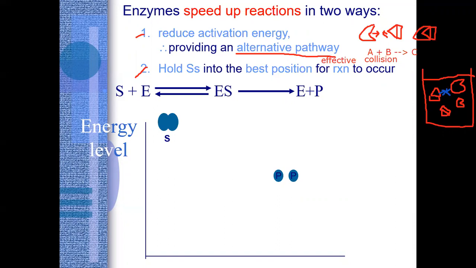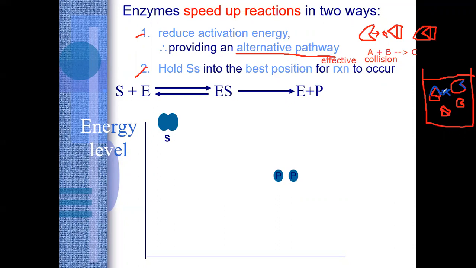Because they are not in the correct orientation. When A collides with B, this part of B must collide with this part of A head on in this orientation. Then only they will hold hands, because their hands are here, not everywhere else.